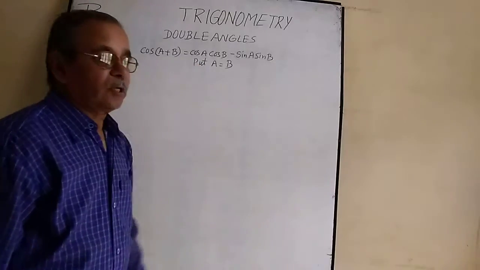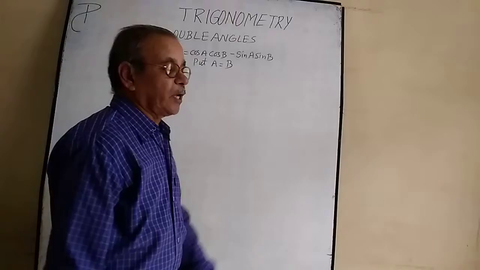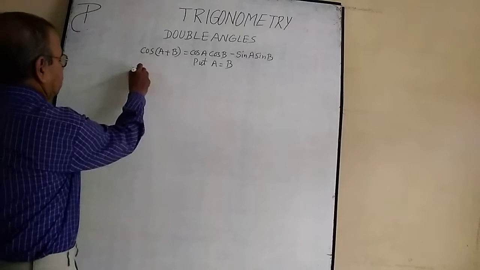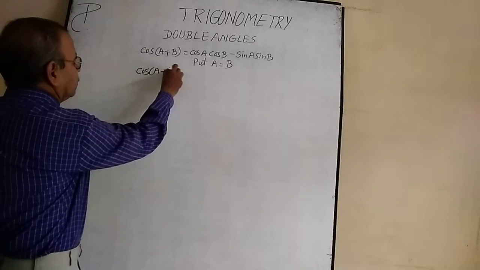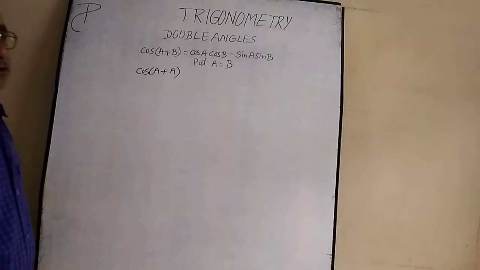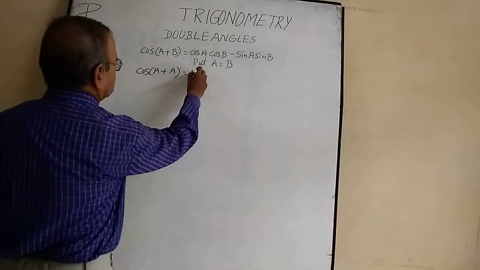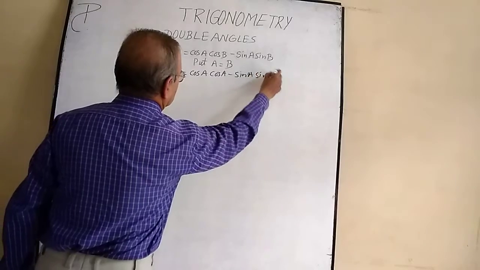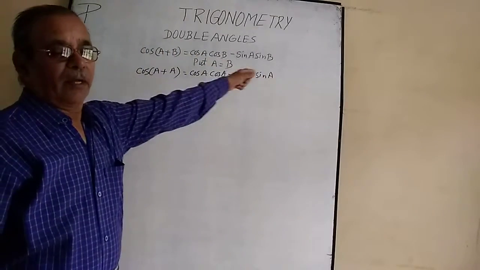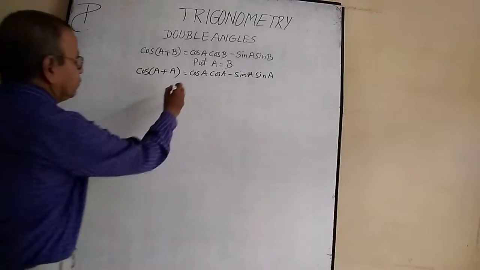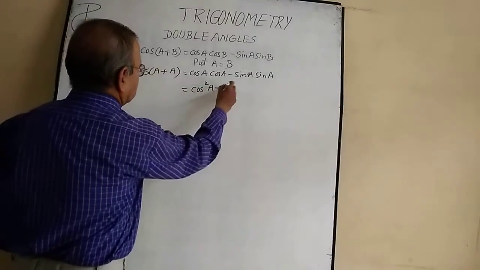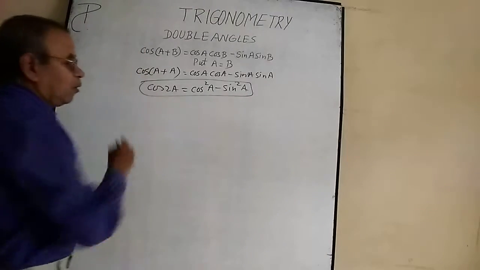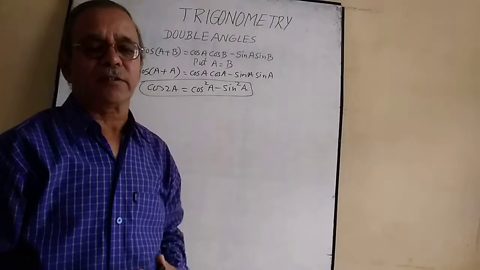Cos(A+B) is equal to cos A into cos B minus sin A into sin B. Here I put A equal to B, so in place of B I write A: cos(A+A) is cos A into cos A minus sin A into sin A, and therefore cos 2A is equal to cos square A minus sin square A.